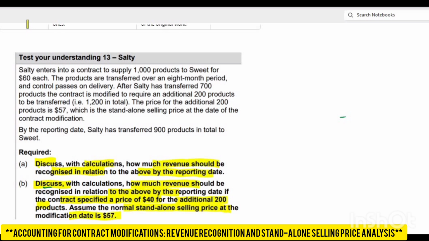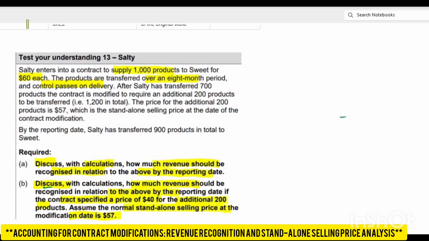Clear? Okay, the question is: Salty enters into a contract to supply 1000 products to Sweet, and the amount is this one. Now the products are transferred over an 8-month period and control passes on delivery.